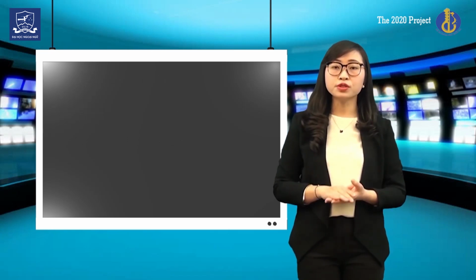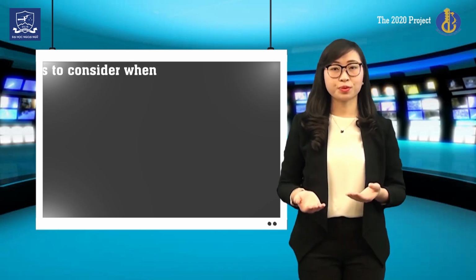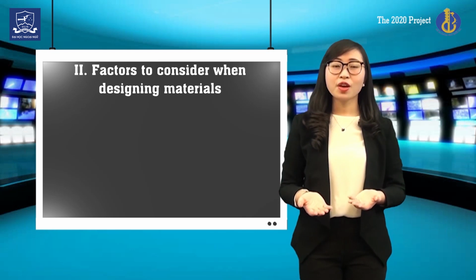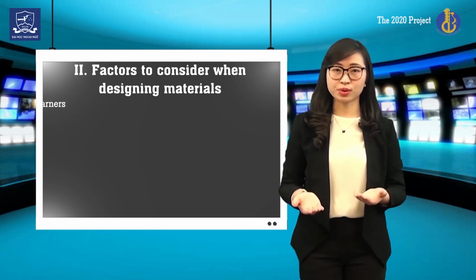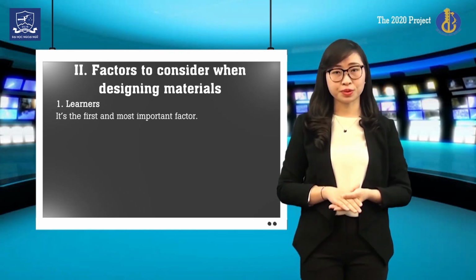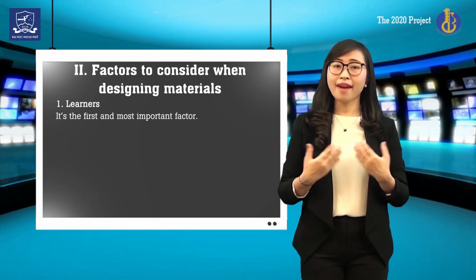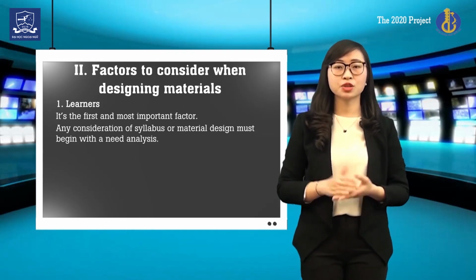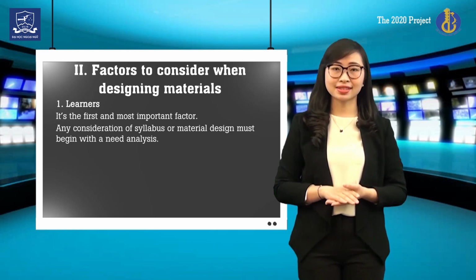Now, let's move to the factors to consider when designing materials. The first factor is learners. It's the first and most important factor. Any consideration of syllabus or material design must begin with a needs analysis.